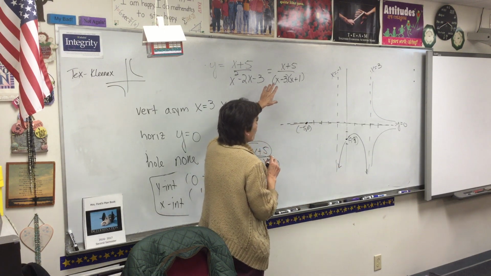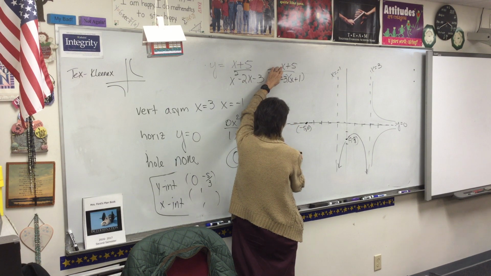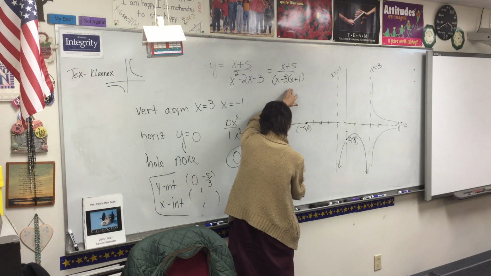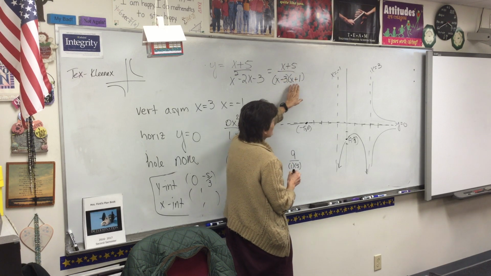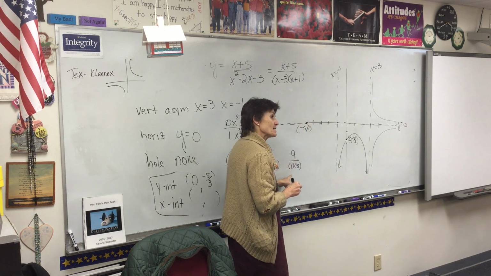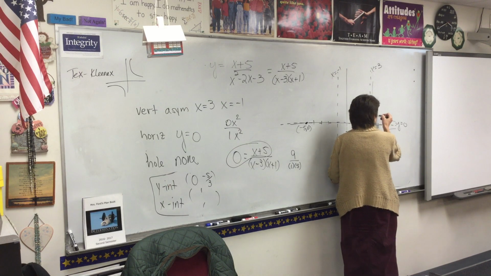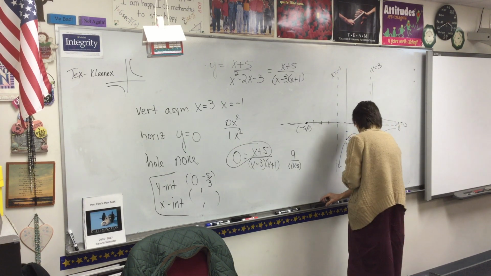So if I put in 4, I get 9 over 1 times 5. That's 9/5. That's a positive number, isn't it? So if I put in 4, I'm plotting up here, aren't I? So it must be that one.